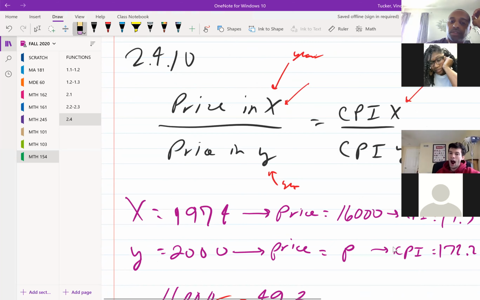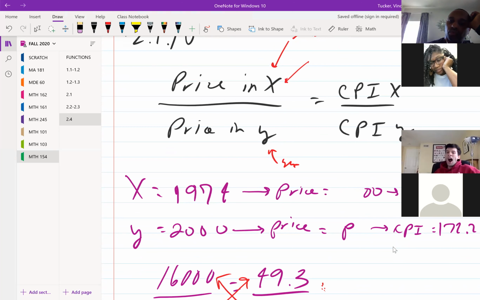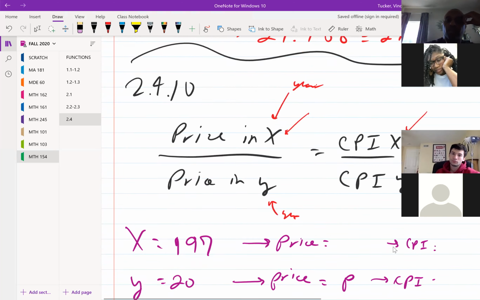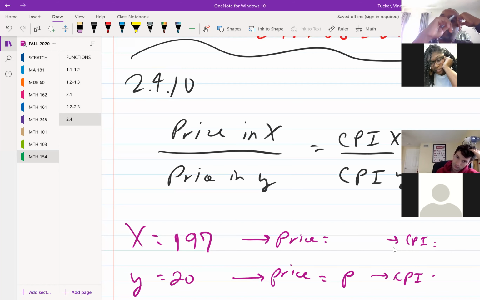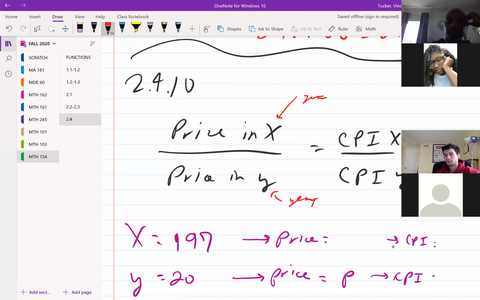And I'm going to erase this stuff. All right, so the way we'll set this up is that we need to stay consistent in how we set up our proportion. So we're going to look at price in X over the price in year Y, and then take the CPI from the chart for each one of those years. So X represents a certain year, whatever year you're trying to compare, and then Y represents the other year that you're trying to compare.